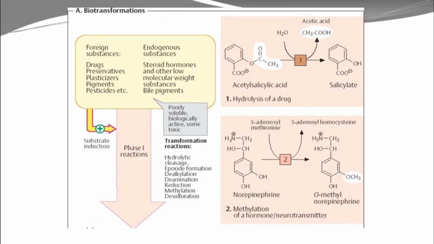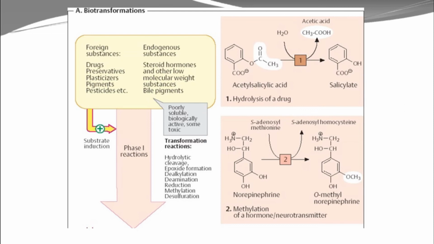So basically if you see this diagram, the drugs that we have or certain hormones, certain chemical substances, which are toxic to the body, they will be transformed via phase 1 reaction into some intermediate compounds. Phase 1 reaction can be of several kinds, which we have already seen.